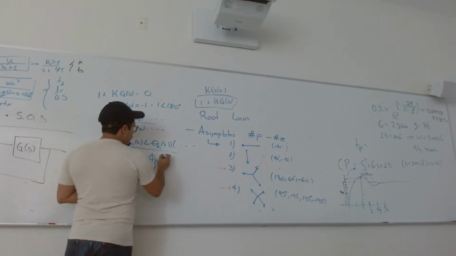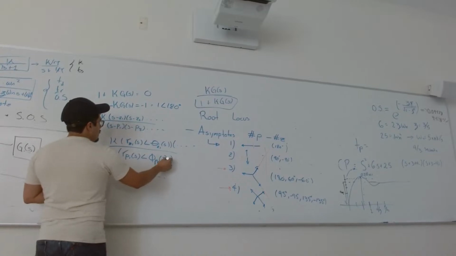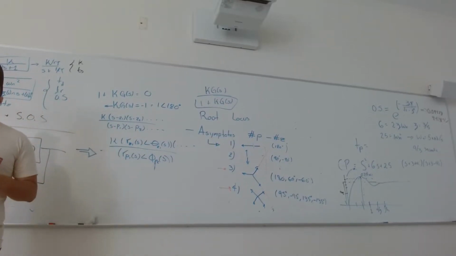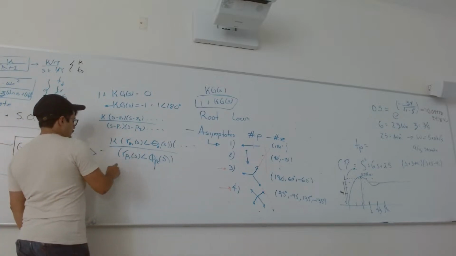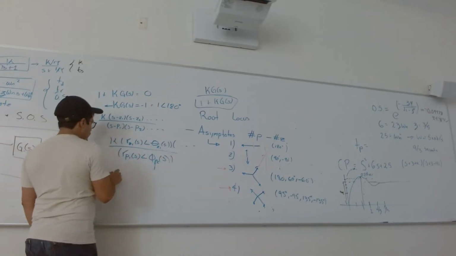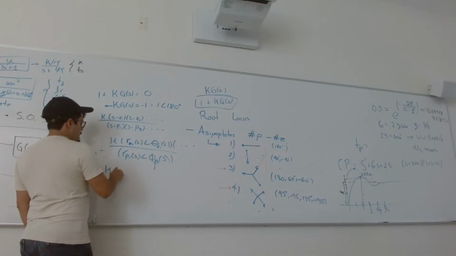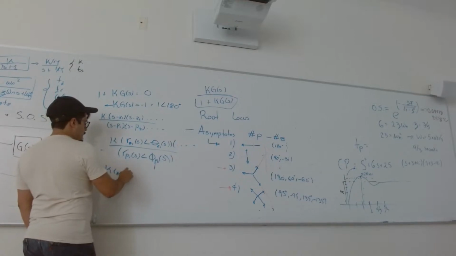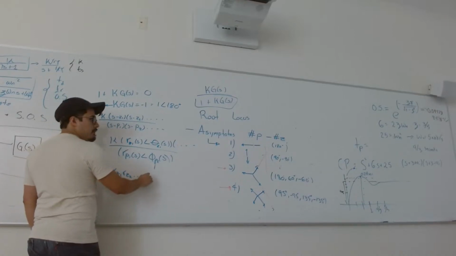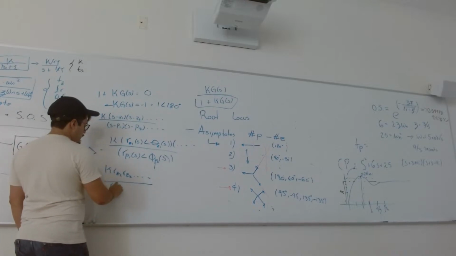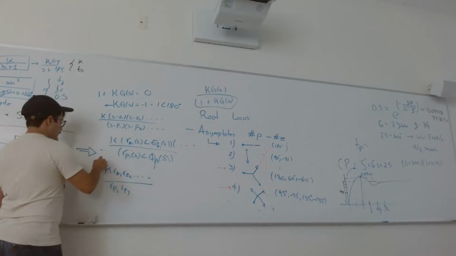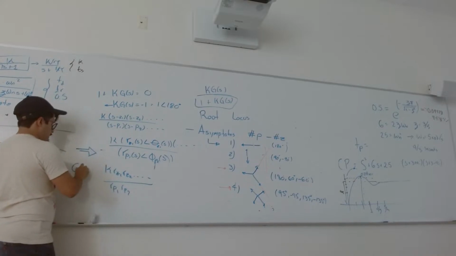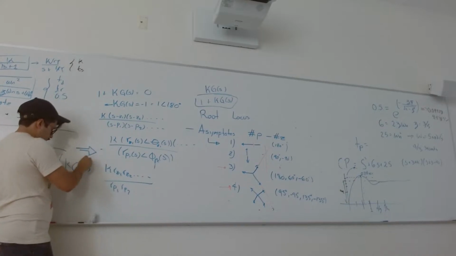Because of the idea that I told you, that multiplication is done faster when written in polar form, the value of this is going to be k times r1, r2, and so on, over rp1, rp2, and so on. This is going to be the magnitude.